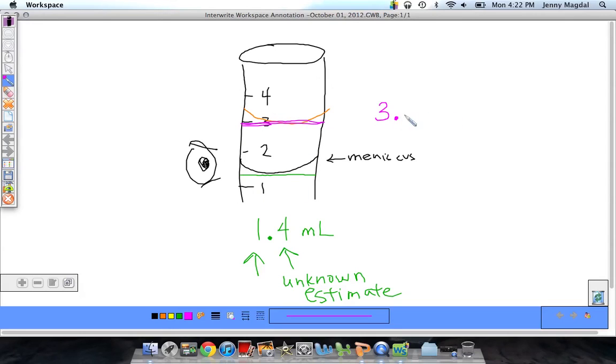So I would have to write 3.0 milliliters. Now that 0 is something that people often forget. Don't forget it. If our instrument can measure out to an extra significant digit past the decimal place, we have to write it down, even if it is 0.